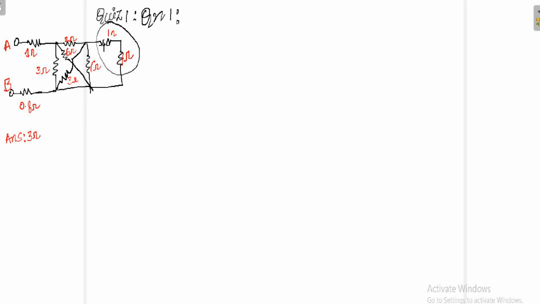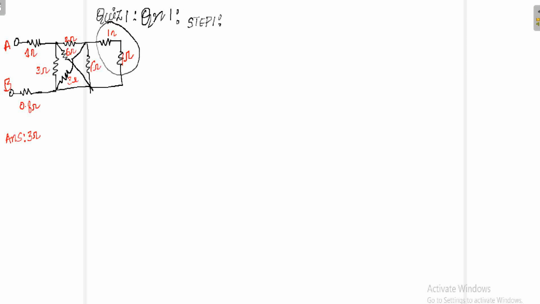These two resistors are in series. So step 1, replace this 1 ohm and 1 ohm with a single resistor. If resistors are connected in series, the total resistance becomes the summation of the individual resistances. So 1 ohm and 1 ohm becomes 2 ohms. So in step 1, the circuit now becomes like this.